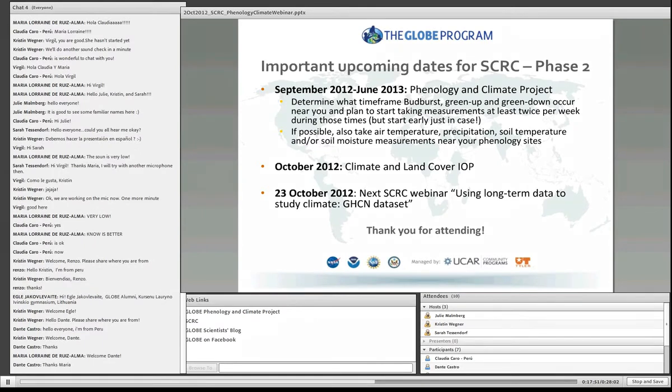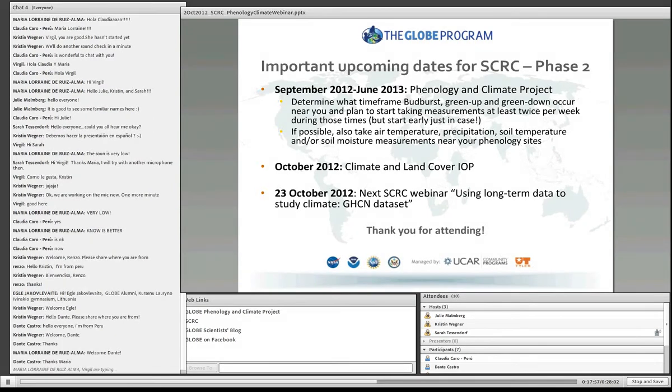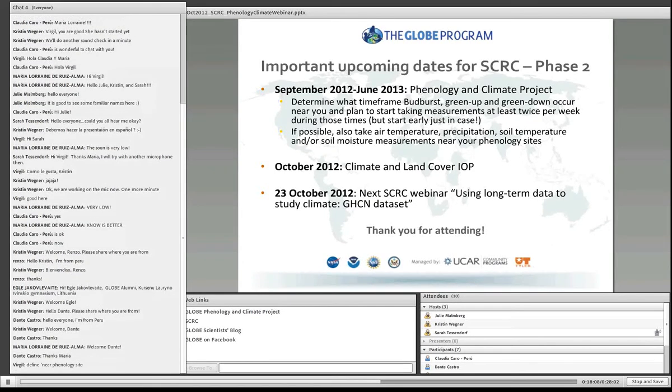Please take some time to plan out when these phenological processes happen near you and mark it on your calendar to start taking those measurements at the appropriate time. Right now, in the Globe Program Office, we've been taking green down measurements because the trees here in Colorado have started changing. We started taking these measurements about a month ago, and we just recently started to see the leaves turn color from the first one that we observed.